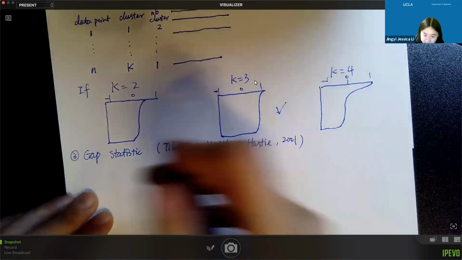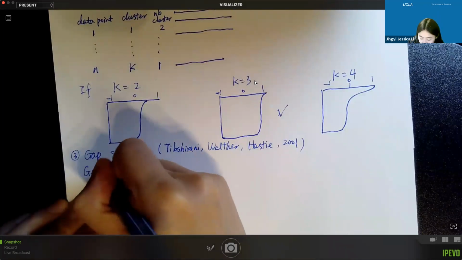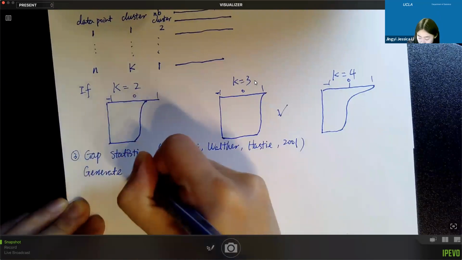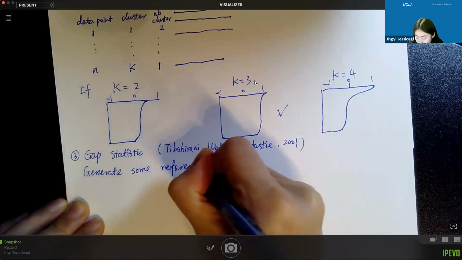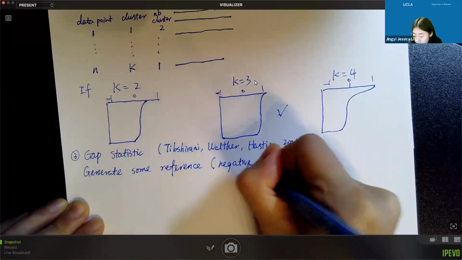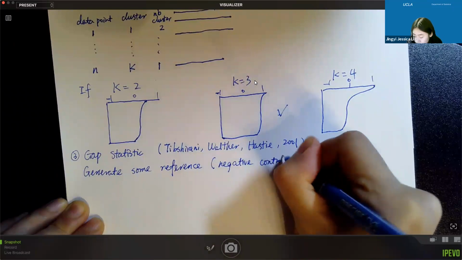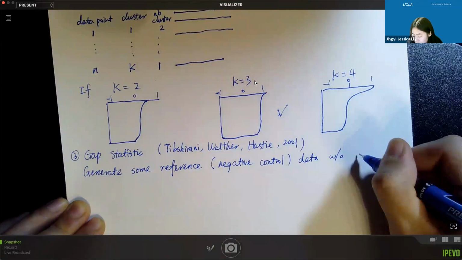So this is the key idea: to generate some reference data. You can consider this to be the negative control in biology, without clustering patterns.